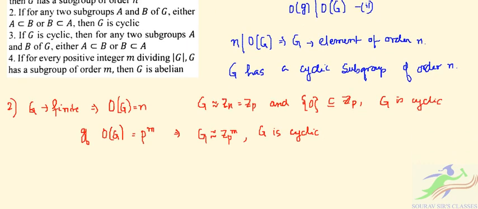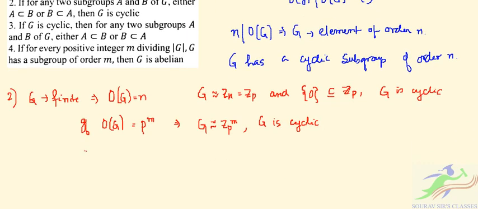Now if the order of G is a product of two numbers, suppose p and q, the possible orders of elements will be 1, p, q and pq.